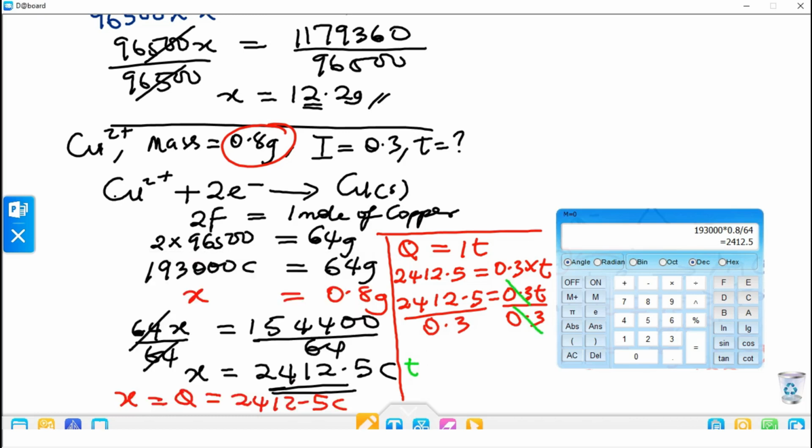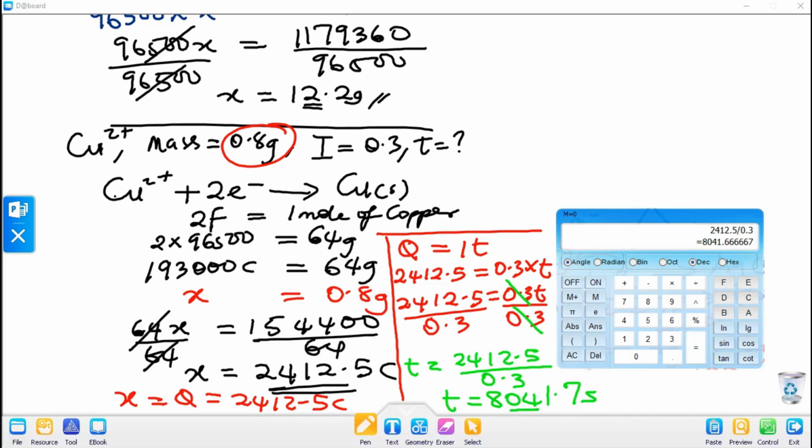So we have our T as 2412.5 divided by 0.3, which gives us 8041.7 seconds. If we wish to leave it as a whole number, then we can say 8042 seconds.